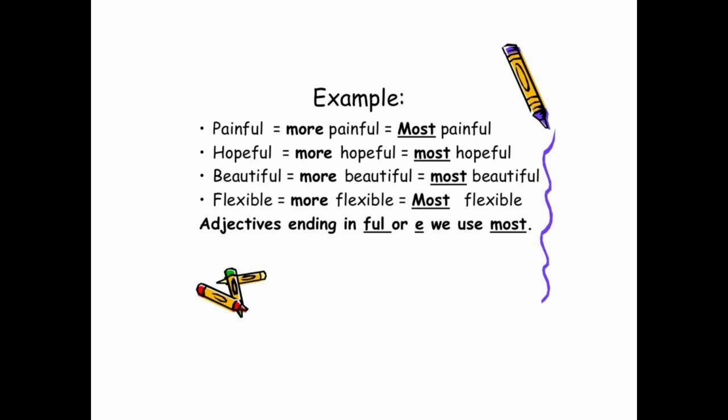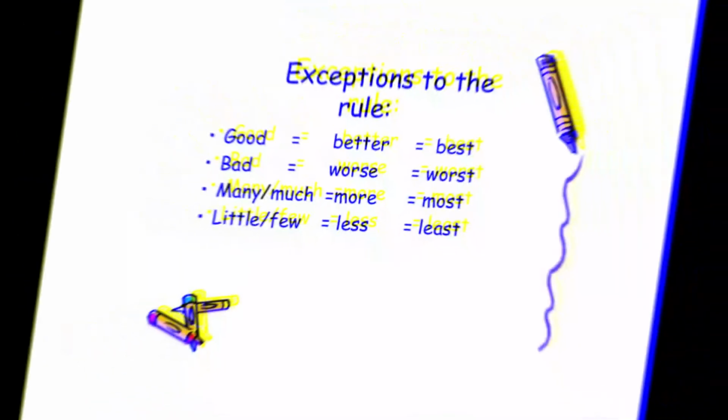So, painful becomes most painful, hopeful becomes most hopeful, beautiful becomes most beautiful, and flexible becomes most flexible. So, just to summarize, the adjectives that end in FUL or E, we use most in order to change them to their superlative degree.